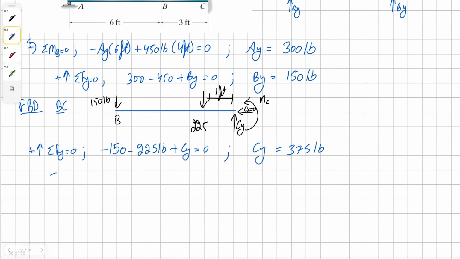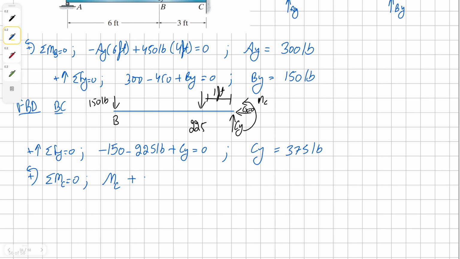Similarly, we can take a moment about the point C to find our solution for moment at C. So we're going to have moment C, and then we have counterclockwise 225 pounds, and it's 1 foot away from C. And then we have another counterclockwise 150 pounds, and it's 3 feet away, all equals to 0.